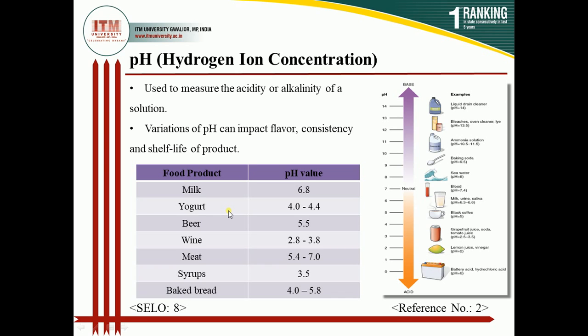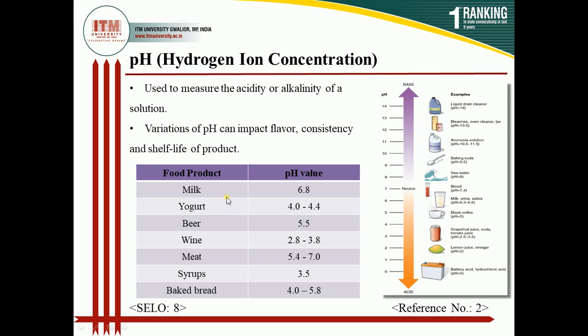The softness and the hardness of cheese also depend on the pH. So the pH of cheese should be 4.1 to 5.3. Sweetness and sourness of butter depend on the pH, and the pH of sweet butter is 6.70 to 6.85, whereas in sour butter we have to add some citric acid extract.